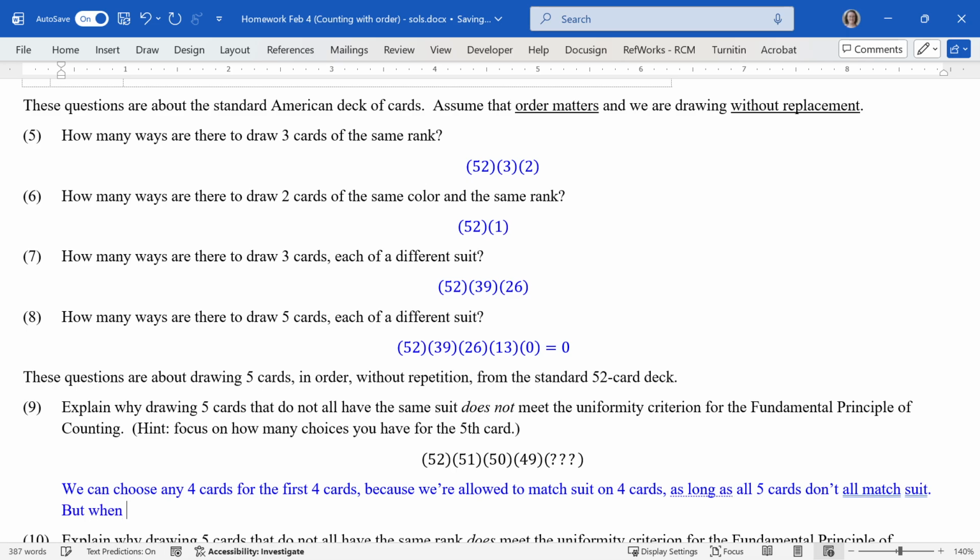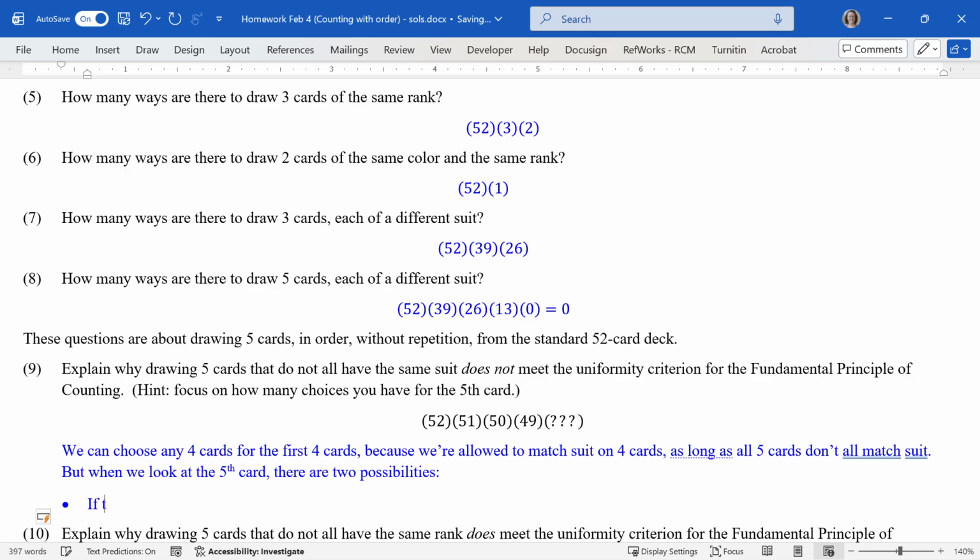But when we get to the 5th card, there are 2 possibilities. So if the first 4 cards matched the same suit, then we have to pick a card from a different suit.